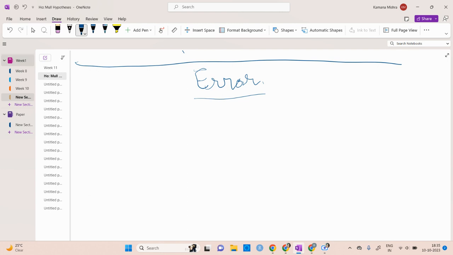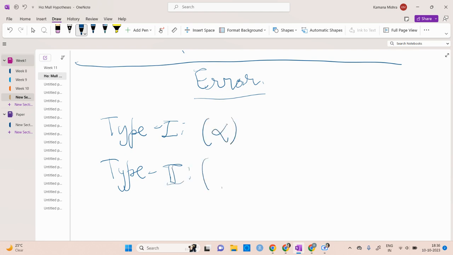So we have two types of error, which are type 1 error and type 2 error. Basically, we denote this error by alpha and this error by beta, right?